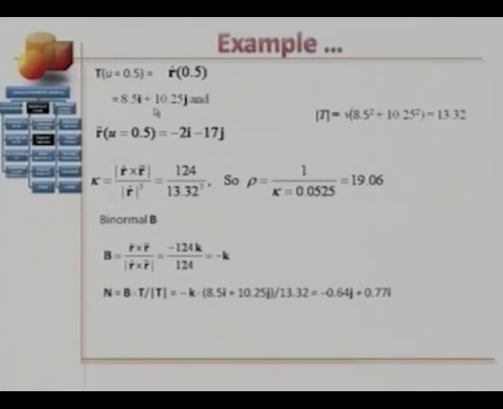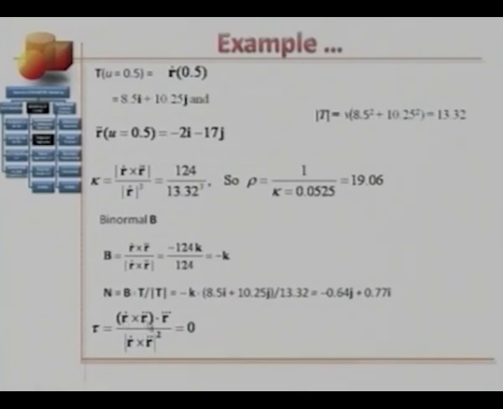Notice that the magnitude of this is not unity, so we'll have to divide t by its magnitude to get the unit tangent here. If we work out the algebra, n is given by minus 0.64 times j plus 0.77 times i.